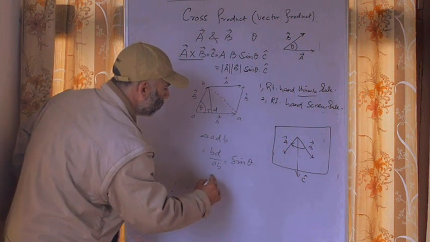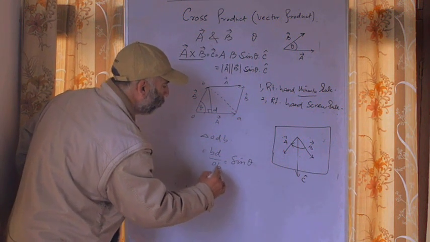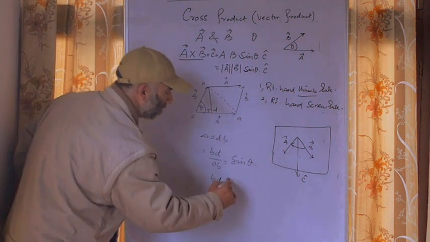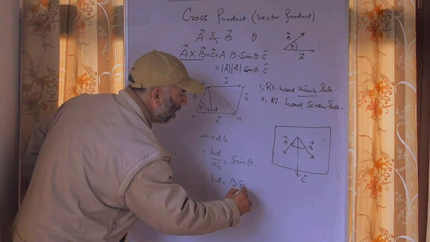So BD will be equal to OB, that is magnitude of B, B sine theta.